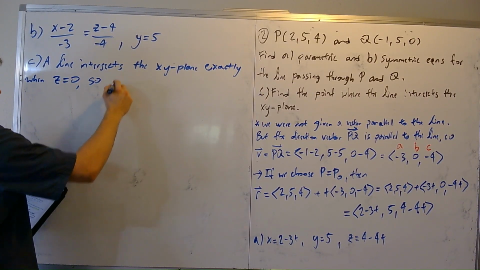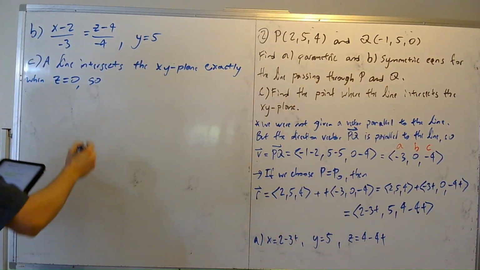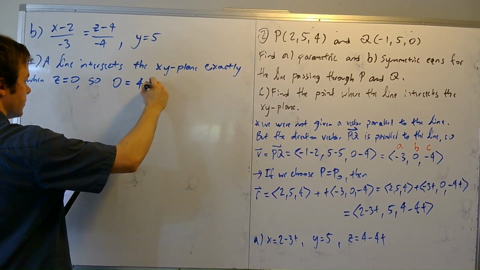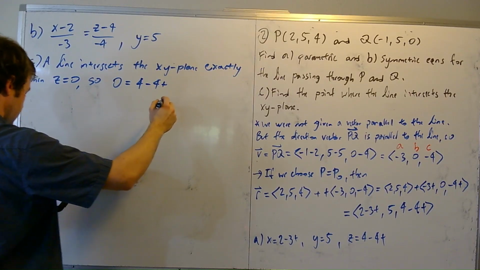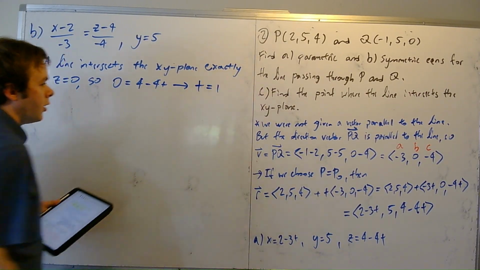So we can set z equal to 0. And if we do that, we're going to have 0 equals 4 minus 4t. So if we solve that, we're going to get t equals 1.